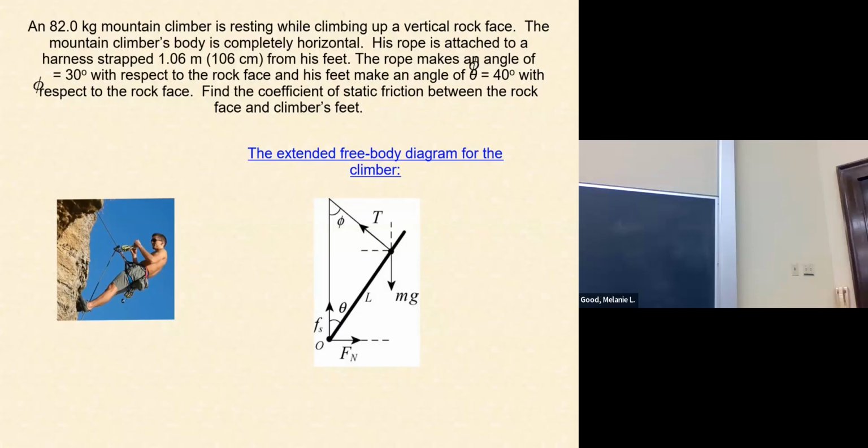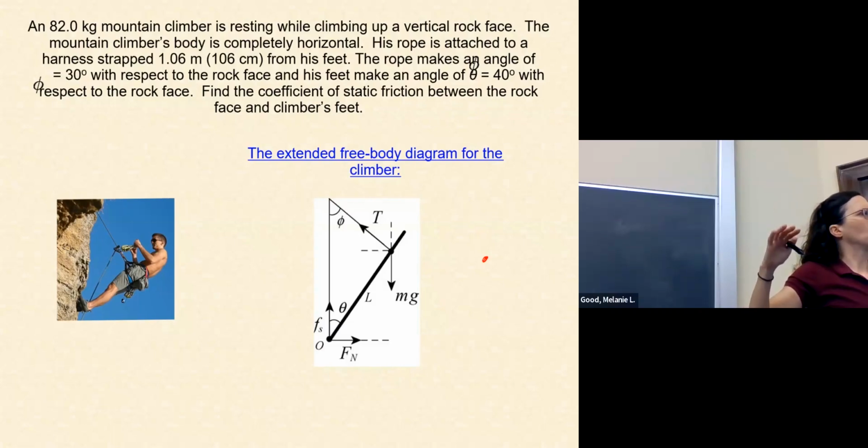Okay, now, if I wanted to take all of those same forces and put them on a regular free body diagram, then I just boil it down to his center of mass, and I draw all of those forces as though they're coming out of the center of mass. That will help me when I use Newton's second law in the linear picture. For the rotational picture, I need this.